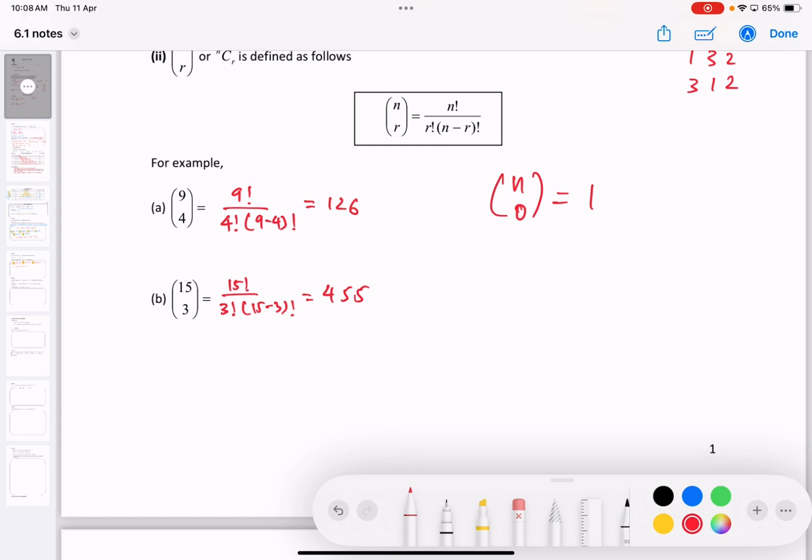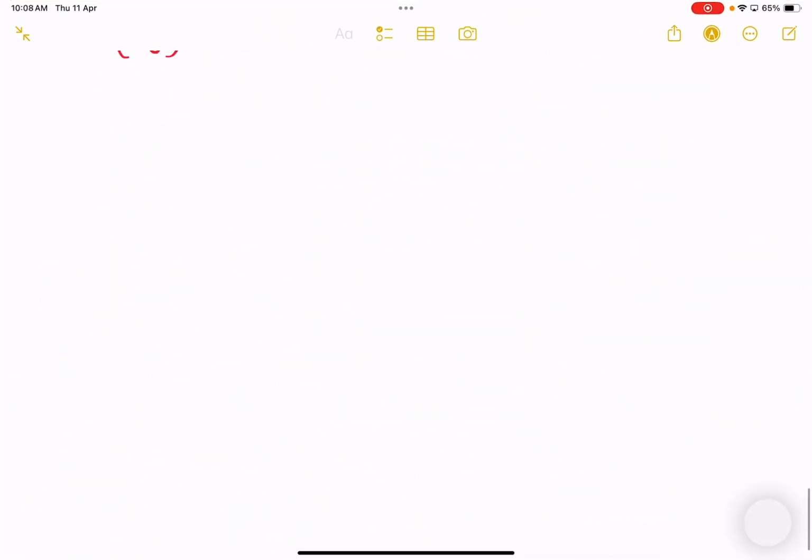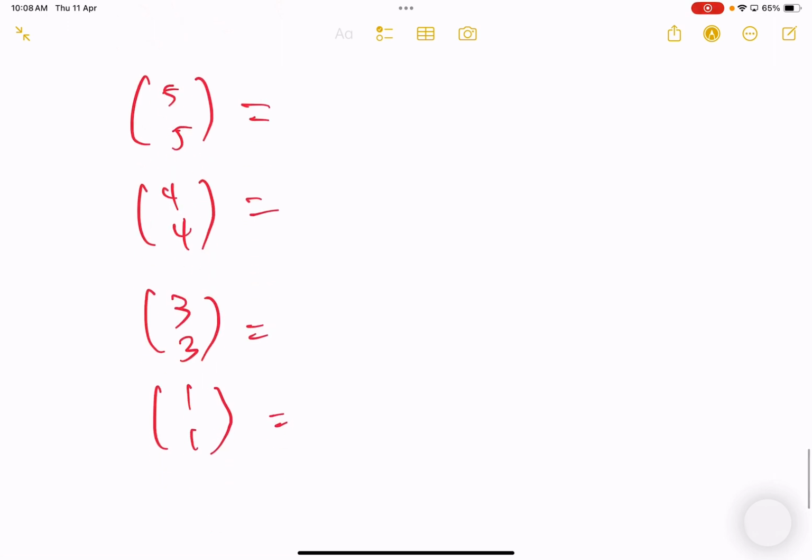Next one. The next thing that we notice is, what is 5 choose 5, 4 choose 4, 3 choose 3, 1 choose 1? What do you think is the answer to all of this? Enter it in your calculator. Also 1.